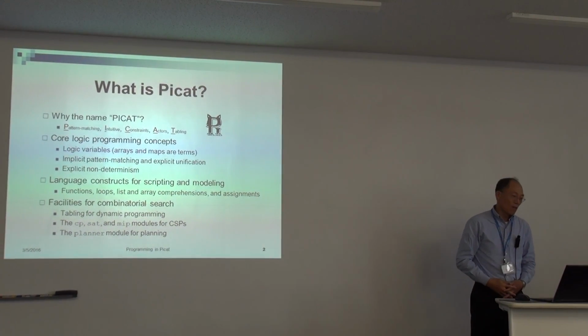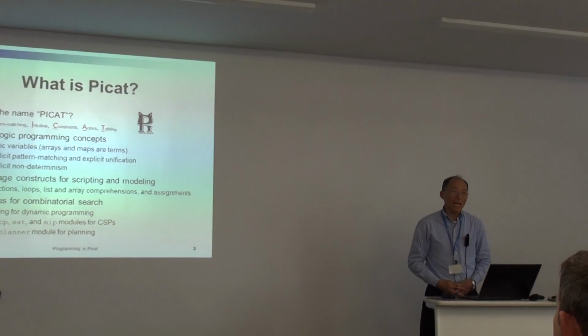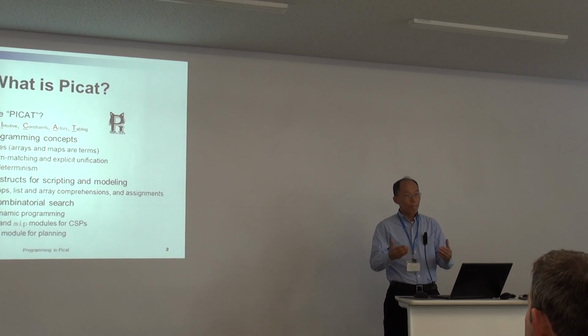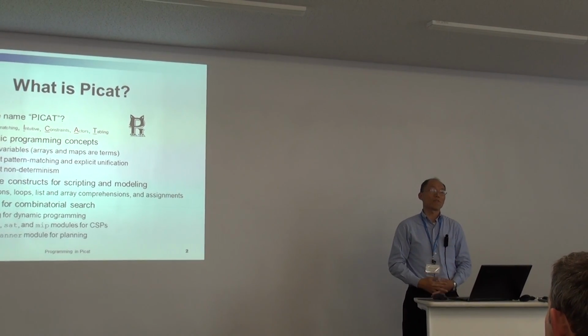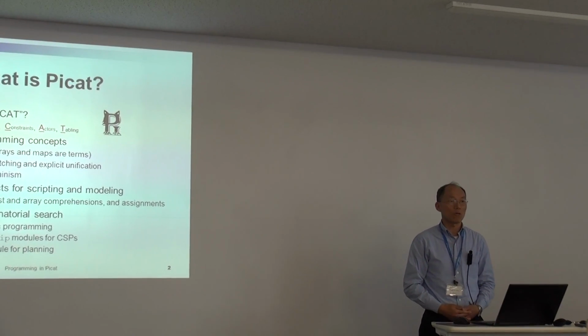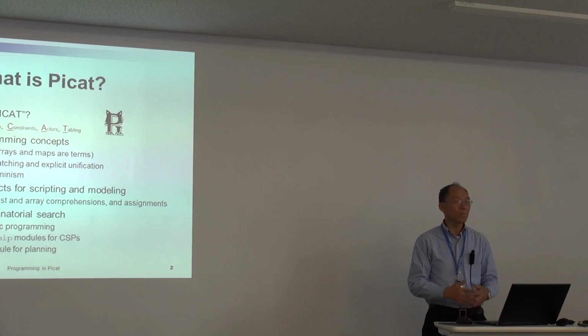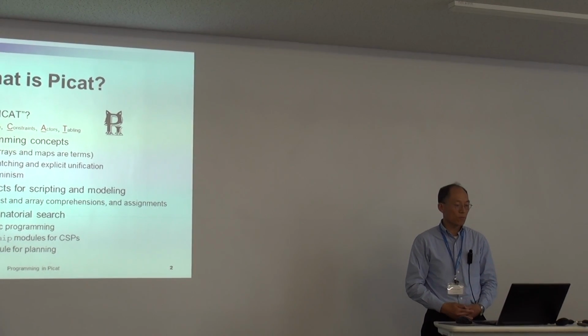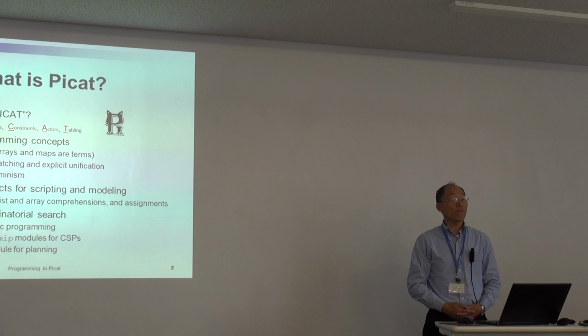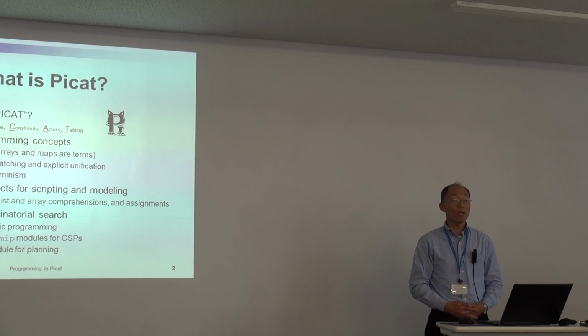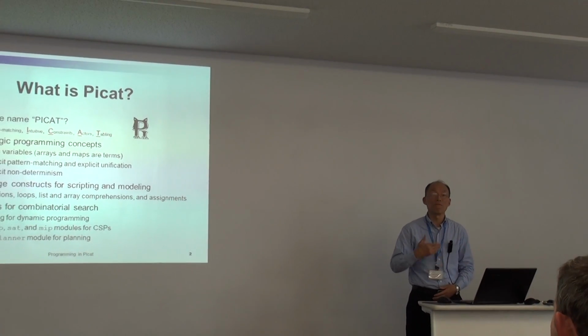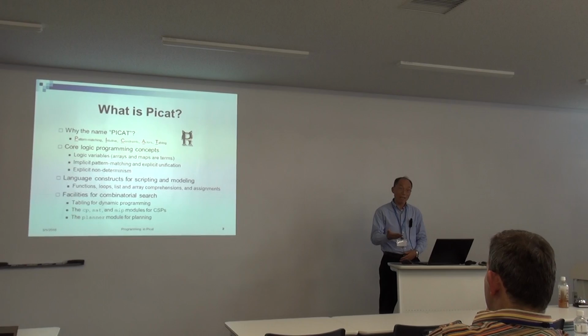Yeah, and Picat also took a lot of features from other languages, including functional programming and Python scripting languages. It supports functions. Many computation tasks are deterministic, for which functions are more convenient to use than relations.